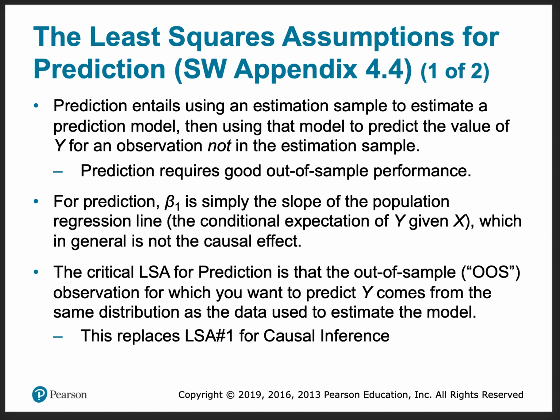We would be carrying out prediction because we are using a regression model based on a sample in Southern California to predict observations in Northern California that are not in our estimation sample.